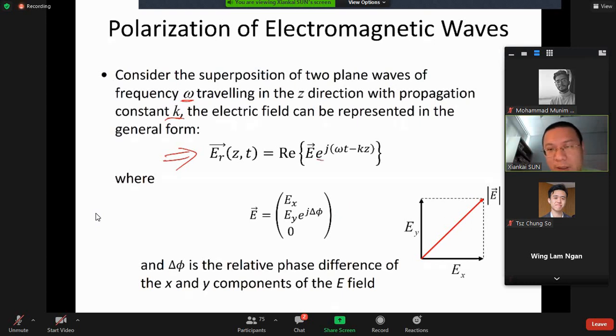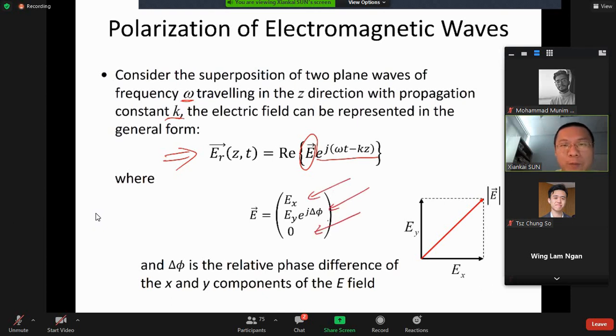So as I mentioned, this is the phase, which tells you that the wave propagates along the positive z direction. In the meantime, this is the amplitude, the vector amplitude. So this vector contains three components, x direction, y direction, and z direction.